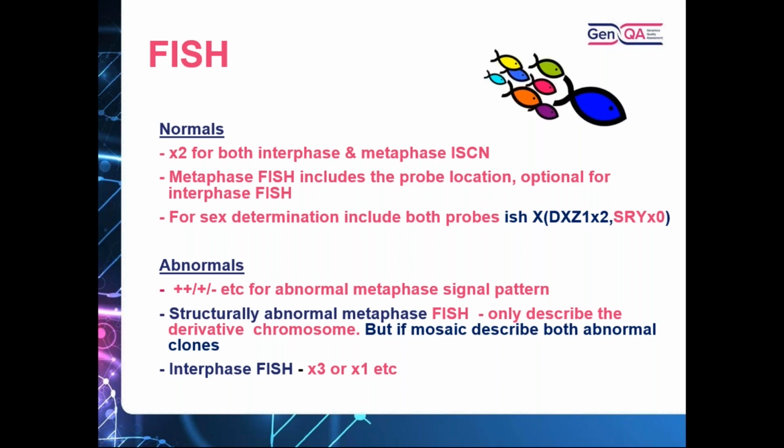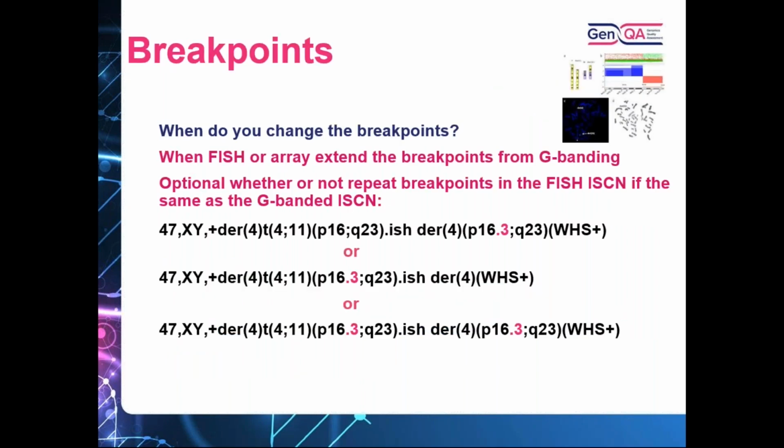So you don't describe the normal if you've only got one abnormality, but if there's no normal, you have to describe both abnormal clones. And for interphase FISH, you'd put ×3 or ×1, etc., not plus or minus. The difference is you can see the signal on metaphases, you can only count them on interphases. So you can see exactly where they are.